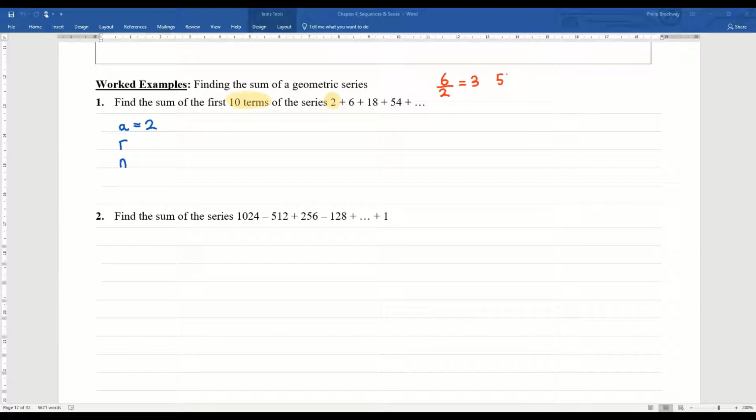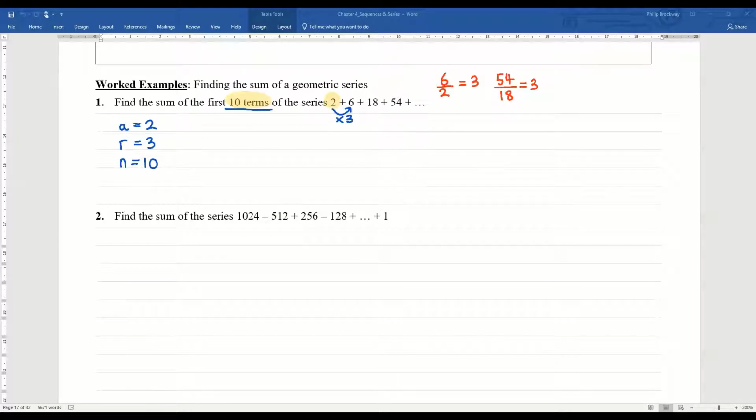You could do 54 divided by 18. You get 3. It wouldn't be a geometric series if that wasn't true. So that's our common ratio, which is 3. We're multiplying by 3 each time to get to the next term. And then n is given to us here, isn't it? We're summing over 10 terms. So it looks like we have everything we need to do our summation.